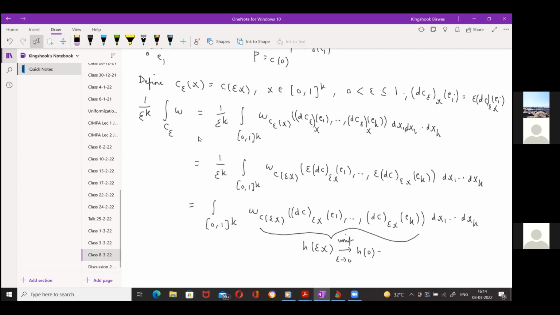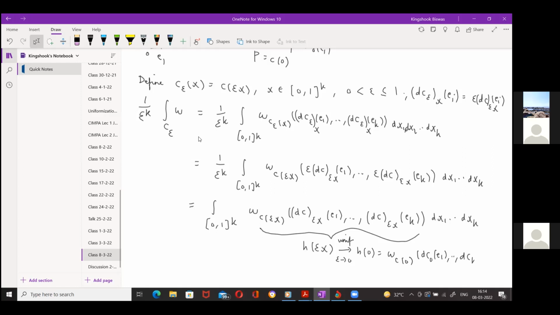And what is h of 0? That is omega at c(0) of dc_0 e1 up to dc_0 ek. h is a continuous function; it's a smooth function because the pullback of a smooth form is a smooth form.